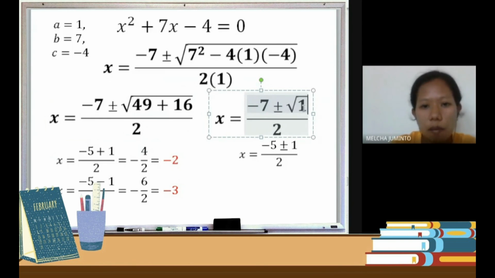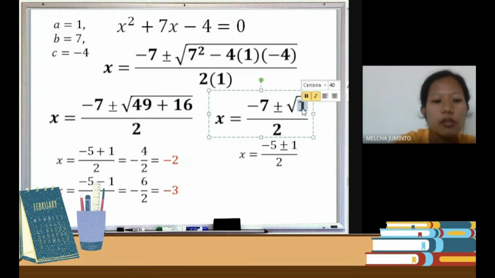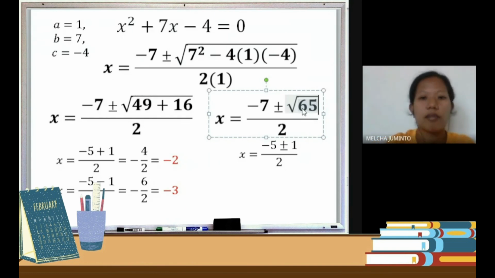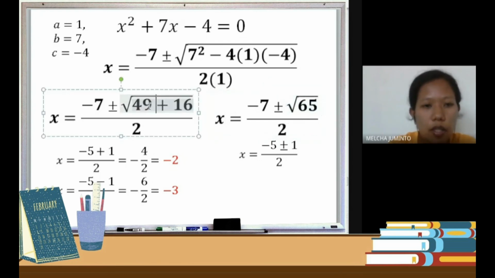What is 49 plus 16? 65? 65 divided by 2. So x is equal to negative 7 plus and minus the square root of 65 all over 2. How did we get 65?